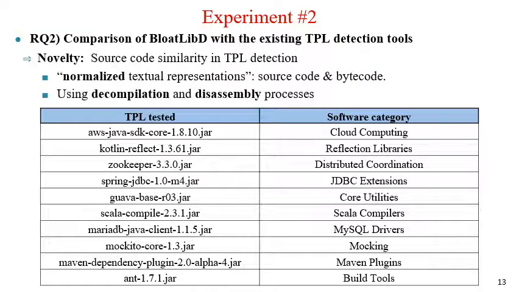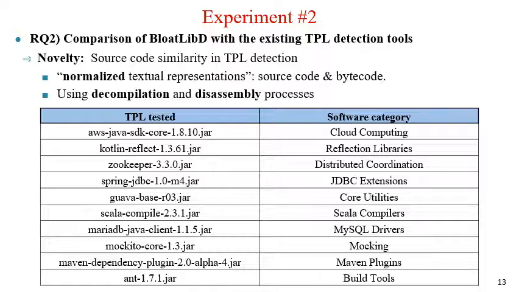And what we did over here was that we also performed certain transformations on the source code of these files. We extracted the source code using decompilation techniques, and then we performed the transformations in order to check whether bloat libd is able to detect the source which has been transformed, in order to confirm or validate that yes, it is unaffected by obfuscations.